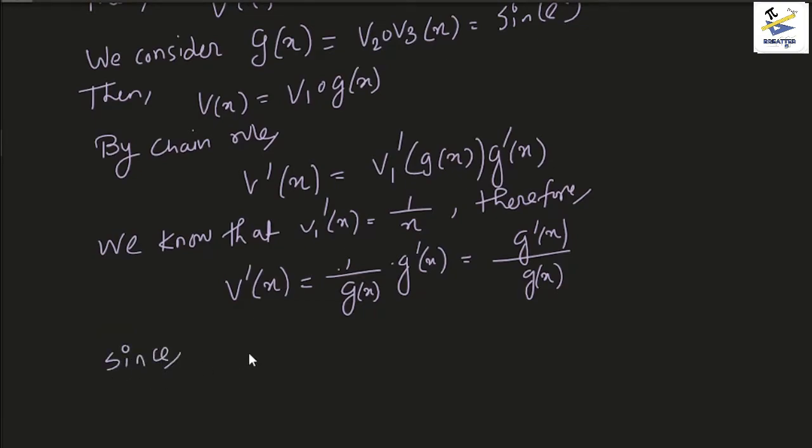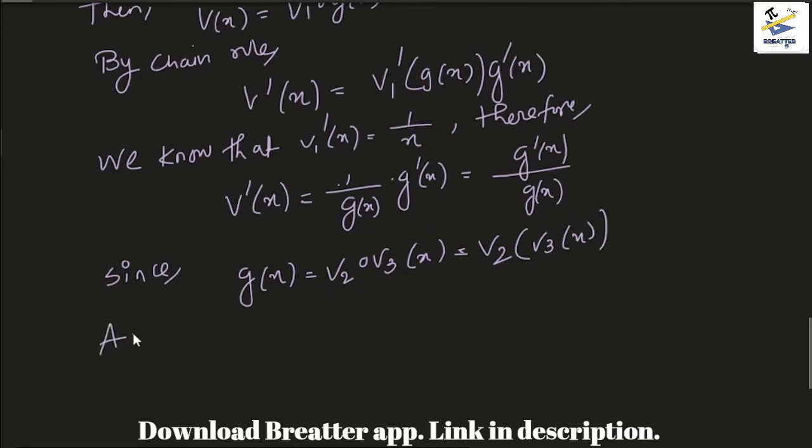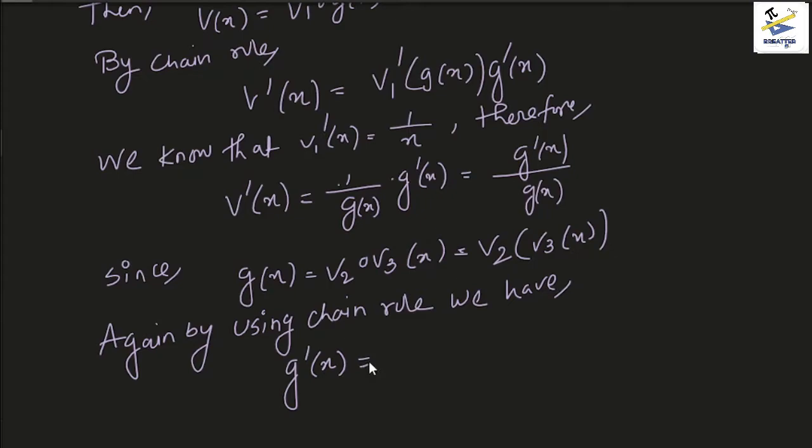since g of x is equal to v2 composition v3 of x, or in other words v2 of v3 x, then again by using the chain rule, we have g prime of x equals v2 prime of v3 x multiplied by v3 prime of x, right?